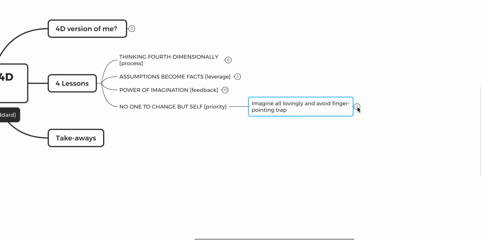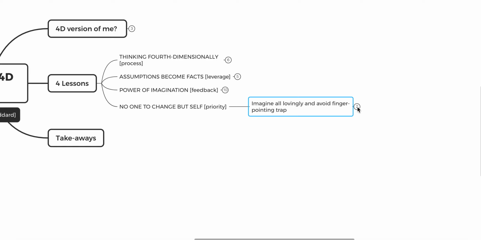What I call the finger-pointing trap is imagining people not lovingly. Let's say you have a specific business partner, and every single time you meet them, they always have this remark which you didn't like, or they're always in a bad mood and bring down the vibe of everyone involved, or whatever the thing.